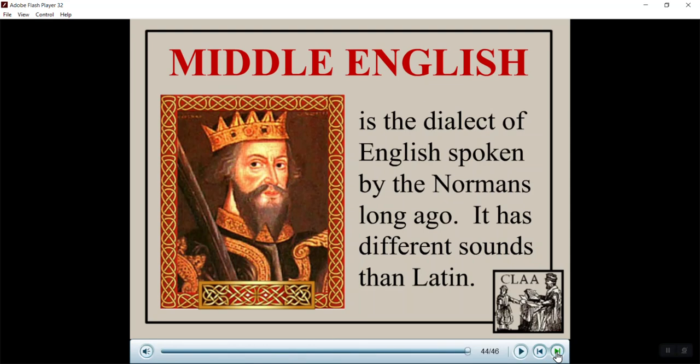Middle English is the dialect of English spoken by the Normans long ago. It came into use after Old English. It has different sounds than Latin and Old English, and mixed with Latin and Old English to help form our English today.